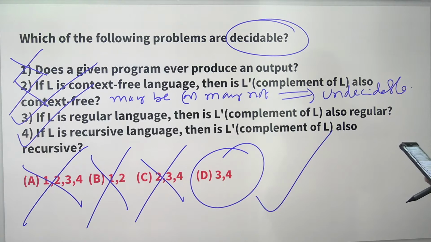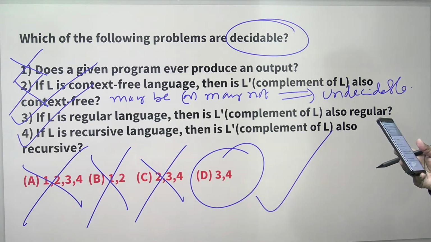Yes, the first one is the halting problem of a Turing machine. Now, in the place of program, they give an algorithm. Does a given algorithm ever produce an output? Algorithm always stops.